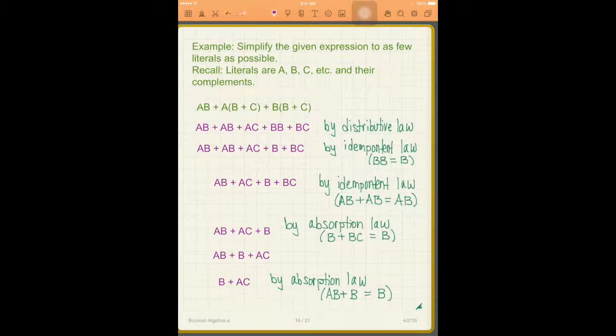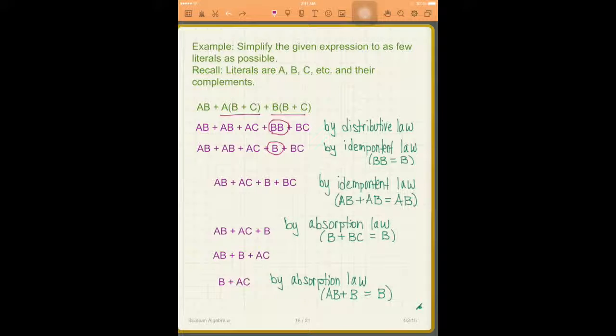What we can do first is use our laws, and I'm just going to label them on the right side. I have these parentheses, so I'm going to go ahead and use the distributive law. By the distributive law, I can rewrite these terms to get to our second line here. The next part I'm going to do is see if I can get rid of a few things. I noticed that the idempotent law lets me say for the multiplication that b times b is the same as just b.